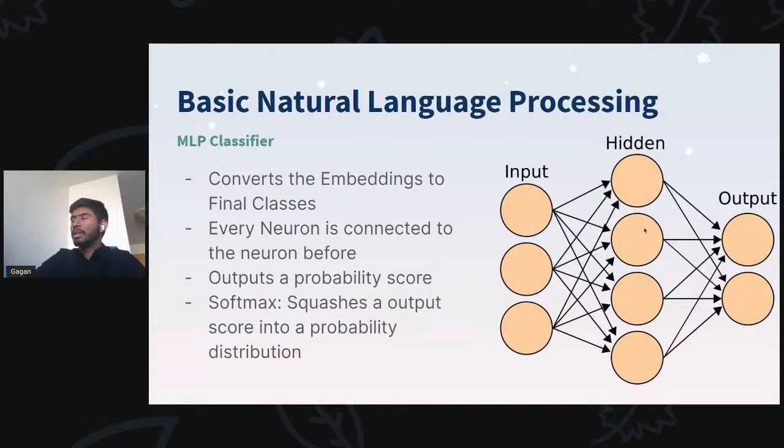Every neuron here is connected to a different hidden cell. As we can see, we have just three inputs, and we have four hidden layers here that connect to output scores. Now that we have converted all the text to embeddings, every neuron is connected to the neuron before, and every neuron is also connected to a hidden layer in this case.